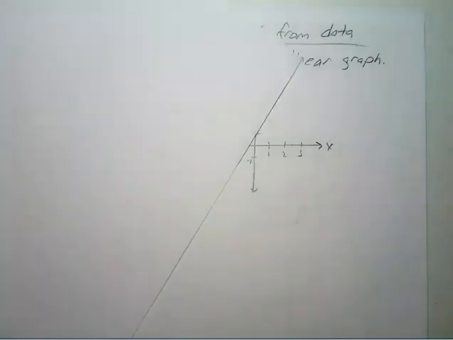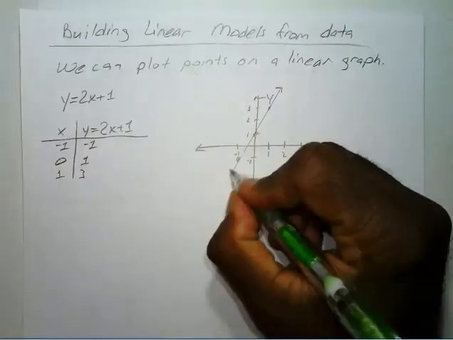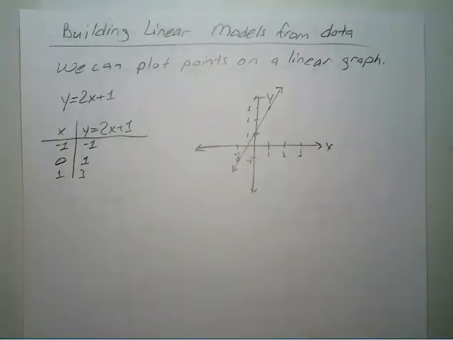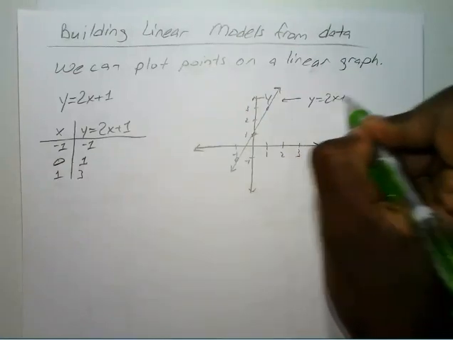So it looks about like that through all 3 points. So that's the graph of y equals 2x plus 1.